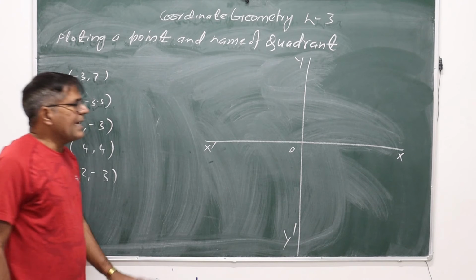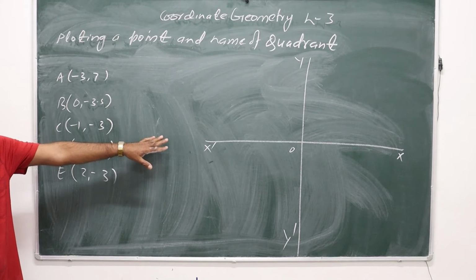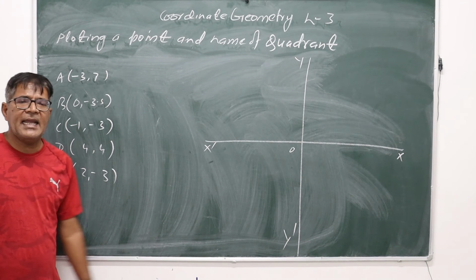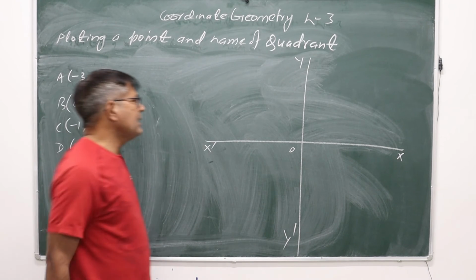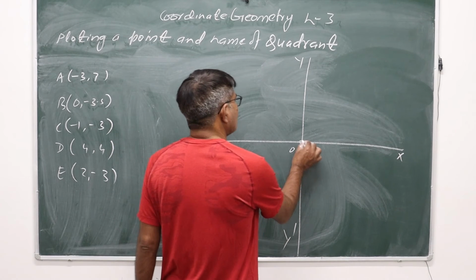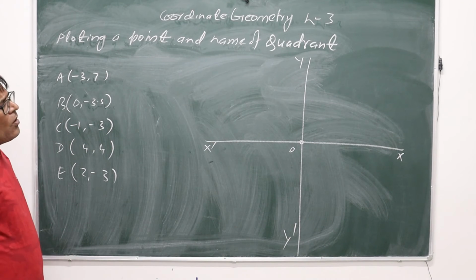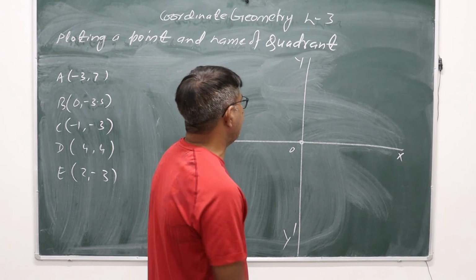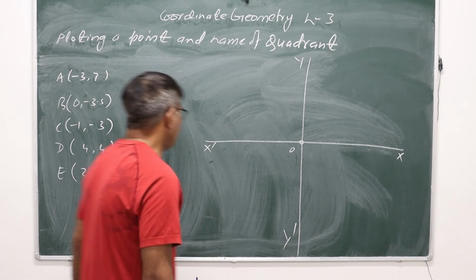Okay, so these are the nomenclature. Now, the point of intersection is always known as the point of reference or origin. All other points which lie in various quadrants or on the axes will always be measured with respect to this point.